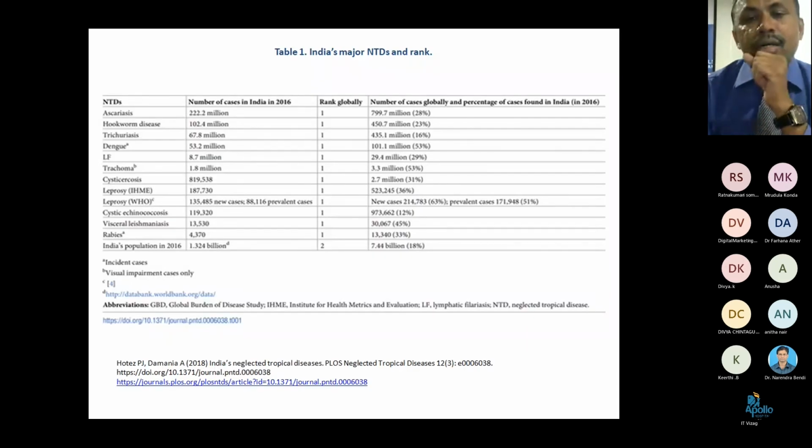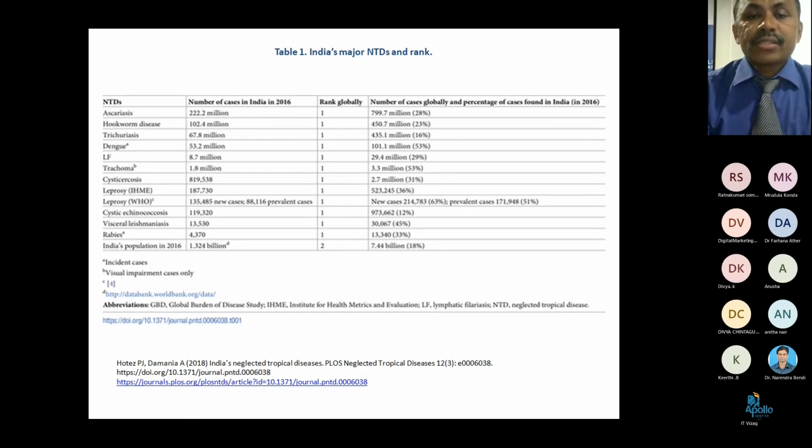And then our India is a big country with a large population, and we contribute 18% of the world's population. You see the list of neglected tropical diseases on the extreme left of the table, and then you have the number of cases globally and the percentage of patients contributed from India.